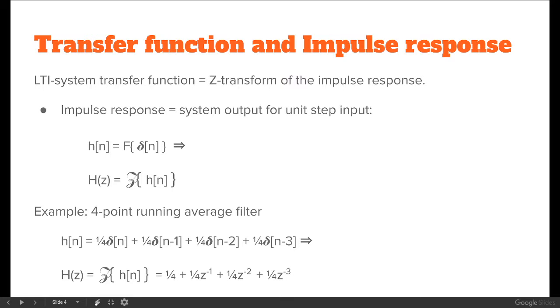If the system type is finite impulse response, then it works, but of course in real life you don't have infinite time to wait. So this is more or less a mathematical formula to do it for IIR systems.